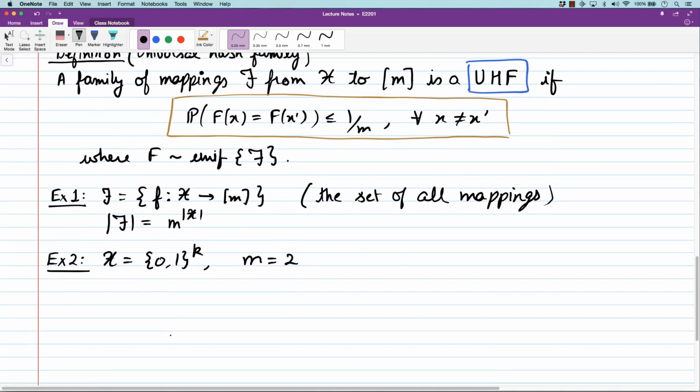And this family F is then the family of all linear functions in finite fields.